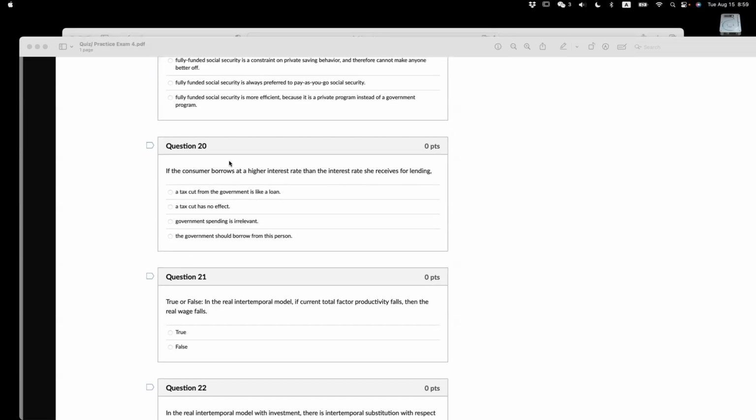Remember, households must borrow at a higher rate. Now, the government gives you a tax cut, meaning you need to borrow less, right? Because suddenly you have more disposable income. You borrow less, so that just means the government extends you a loan. So actually, this is the reason why Ricardian equivalence may fail when there's a friction in the market. Okay, so the answer is A.